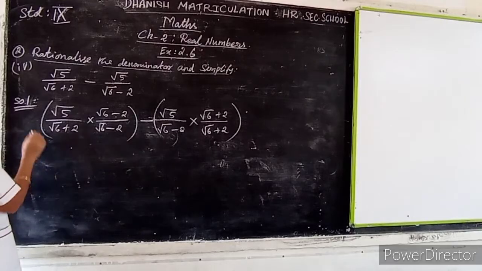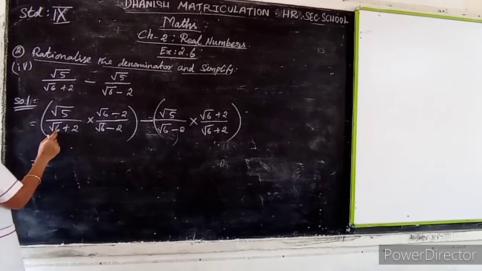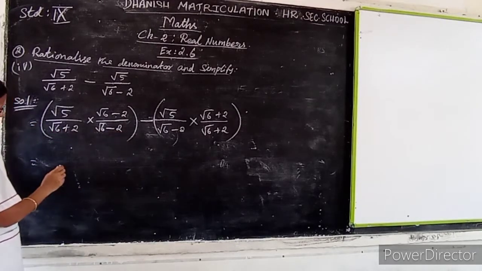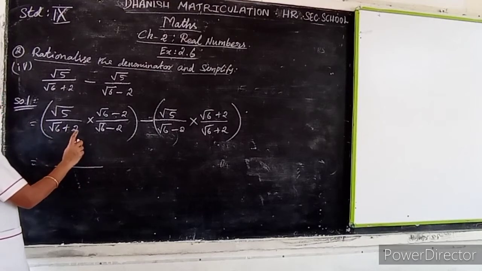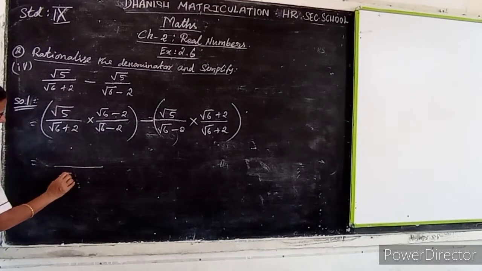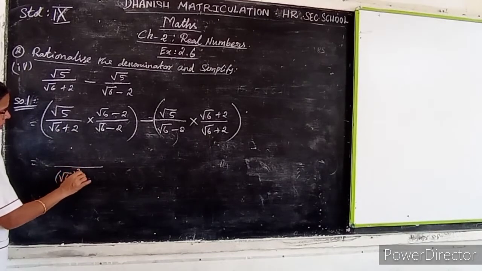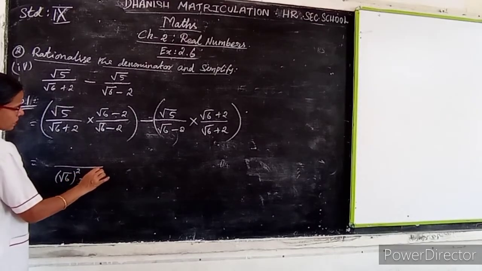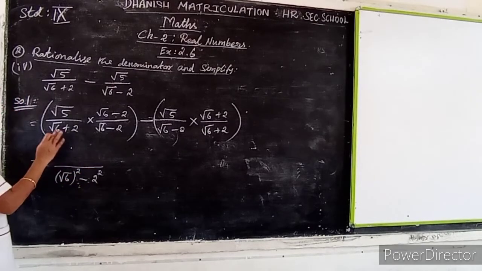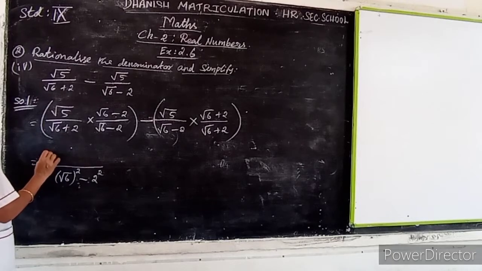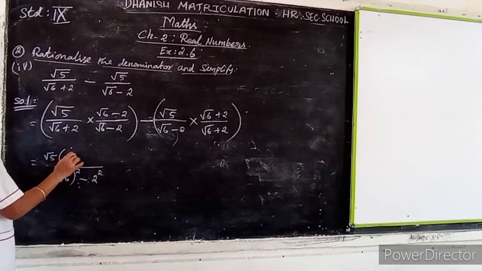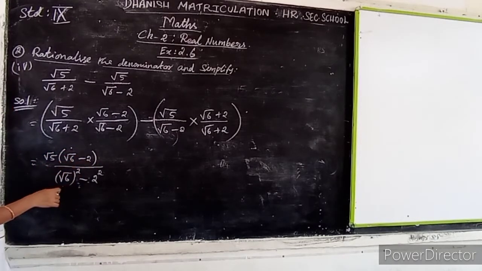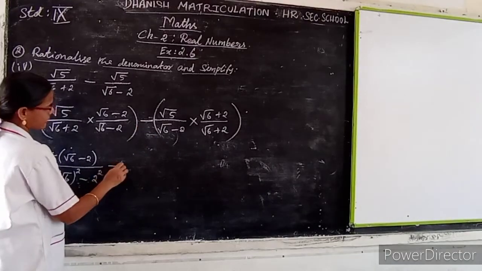So here the denominator is a plus b into a minus b, so the answer is a square minus b square. A square is root 6 square, minus b square is 2 square. Numerator: root 5 into root 6 minus 2. Minus.